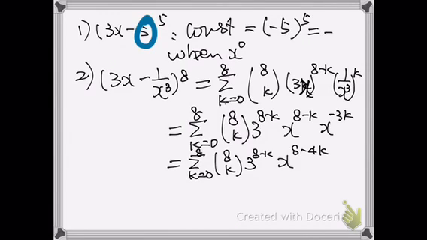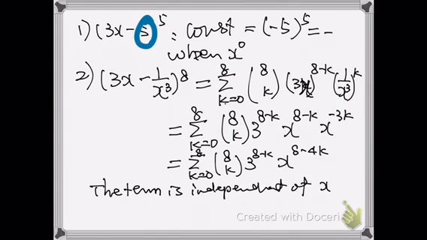So the term independent of x is when 8 minus 4k equals 0. So therefore k equals 2.